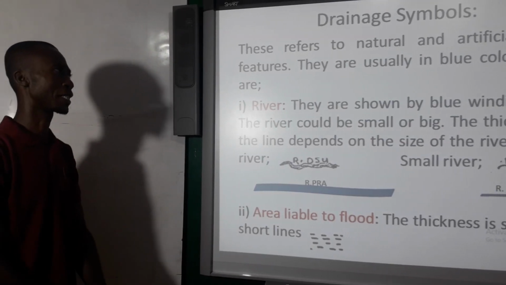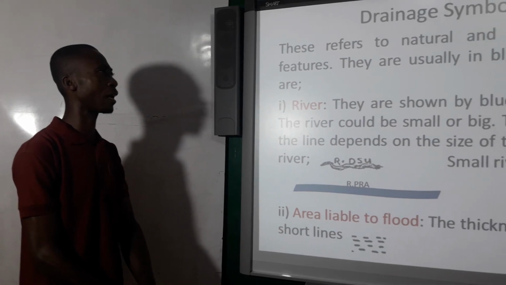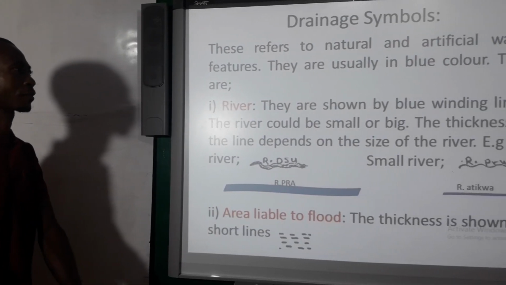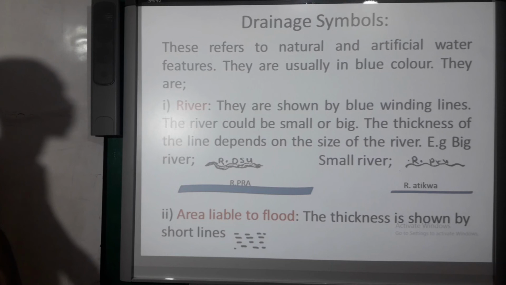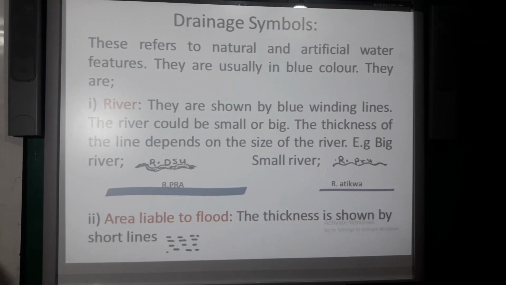Drainage refers to natural and artificial water features or water bodies. They are usually in blue colors. So on the map, if you see any blue color, it depicts a drainage feature.